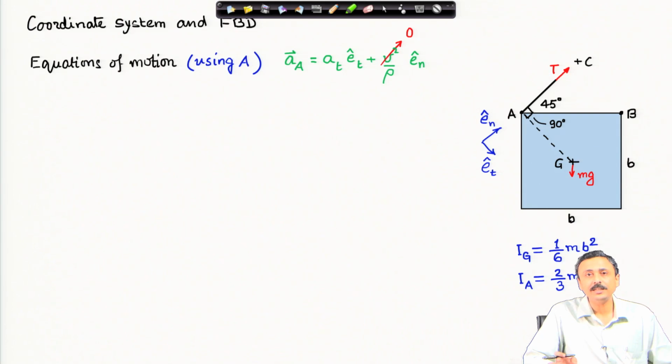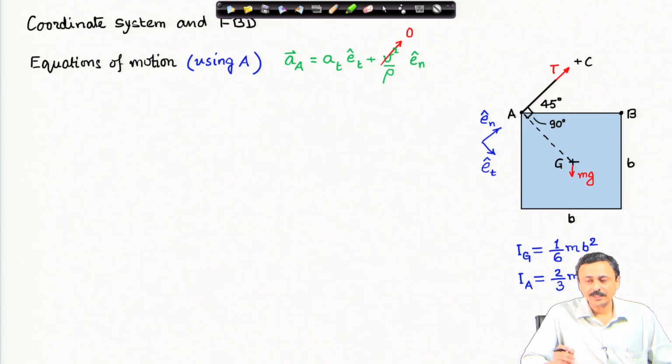So, e_t cap is the direction in which A will move along that circle, and e_n is the normal direction towards the center of curvature. You know the expression of acceleration in the tangent-normal system: it is the tangential acceleration times e_t cap plus v squared by rho, where rho is the radius of curvature of the path, times e_n cap.